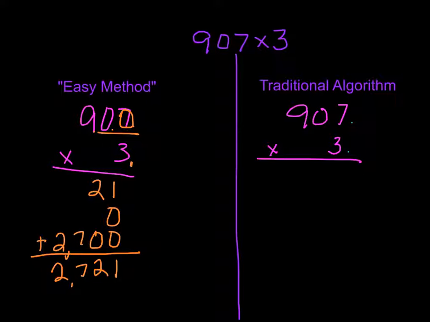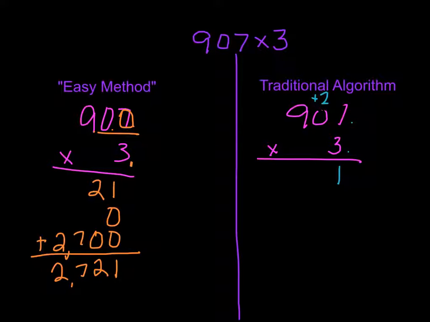In the traditional algorithm, I start the same way. 3 times 7 is 21. The 2 is going to go up. Plus 2. And the 1 goes down.